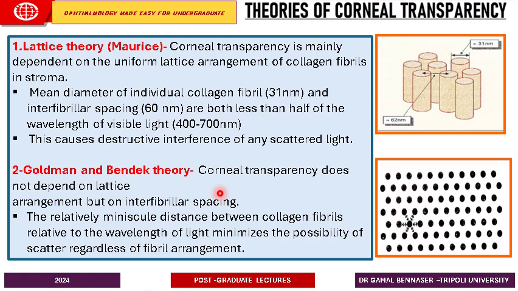All these are related to corneal transparency. So there are many reasons, but the main reason is the specific and peculiar arrangement and also the interfibrillar distance between the collagen fibrils, which is responsible for destructive interference and prevents the scattering of rays, and hence leads to a high degree of transparency of the cornea.